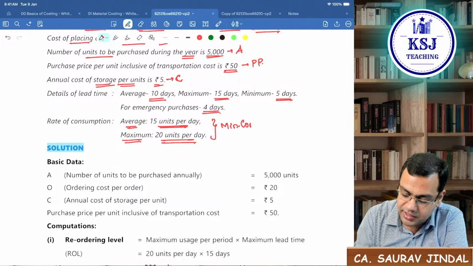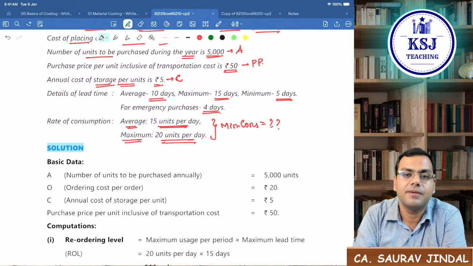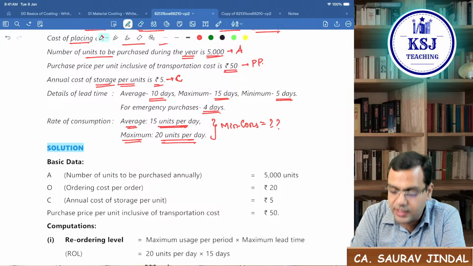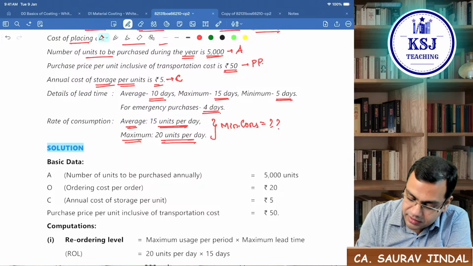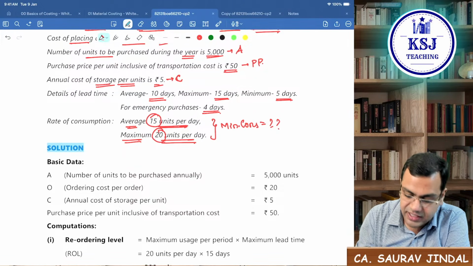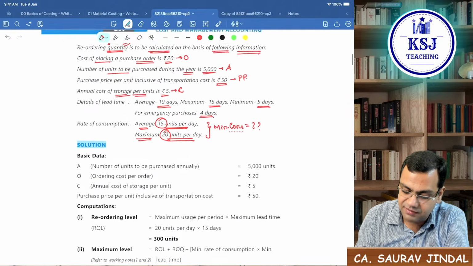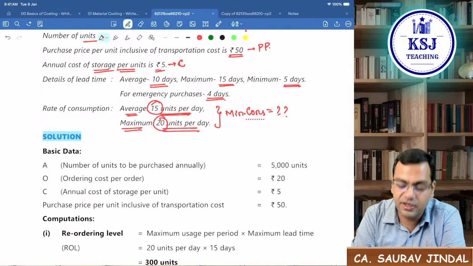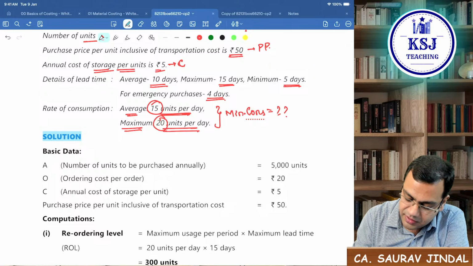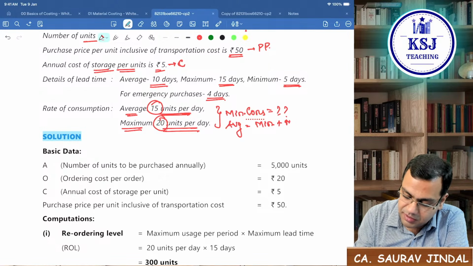How can you calculate it? You can calculate it from average and maximum. Average is 15, maximum is 20. Average is minimum plus maximum divided by 2.